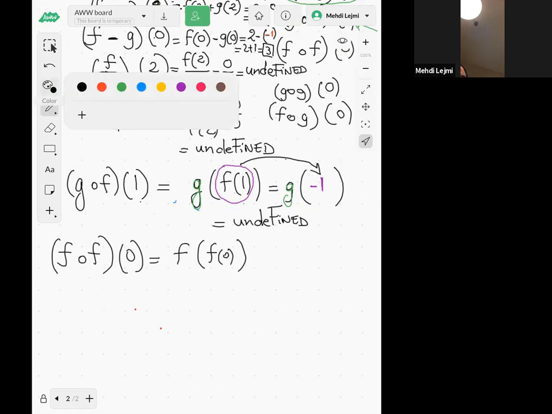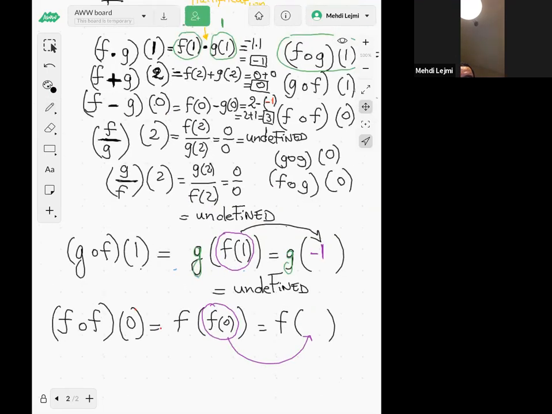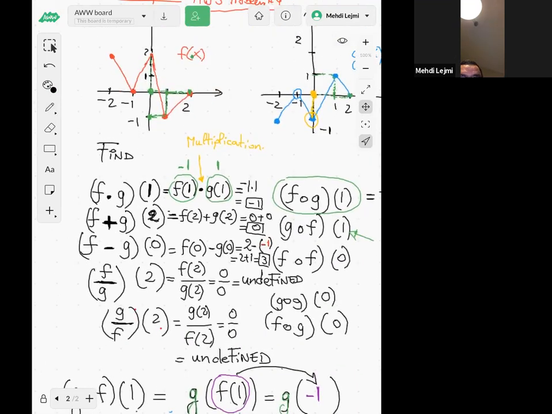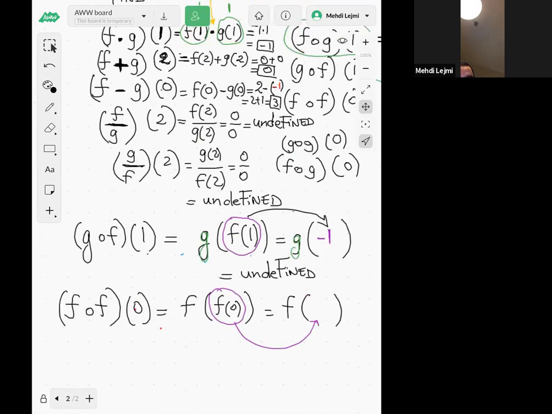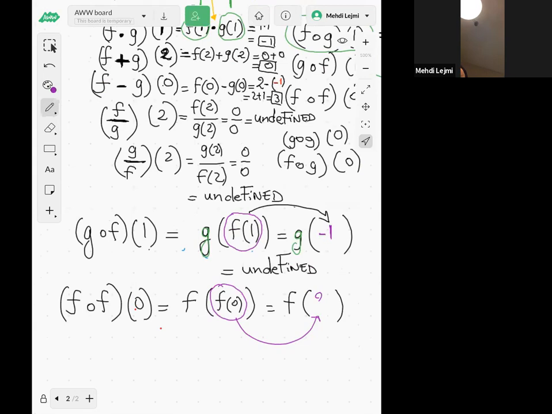Okay, so between the parentheses I have f of 0. So the question is now, what's f of 0? Well, let's see the graph. f of 0 is 2, right? So here inside the parentheses, I'm gonna have 2. That's the value of this thing here, right?